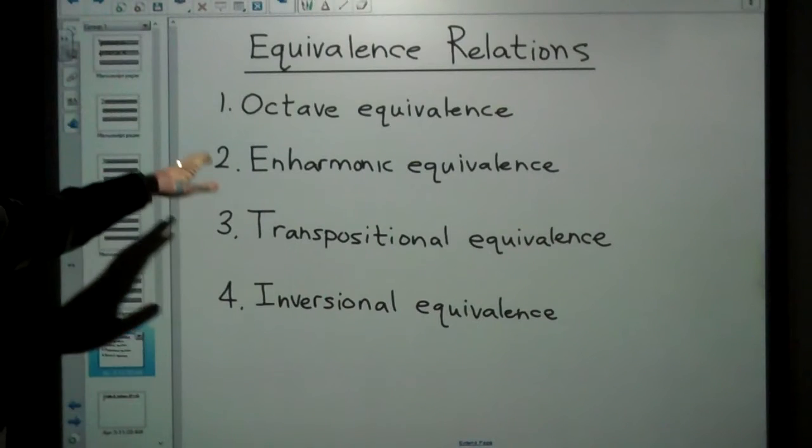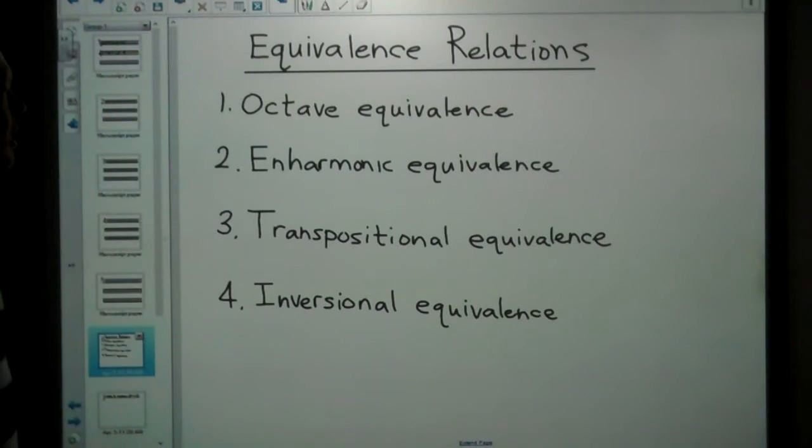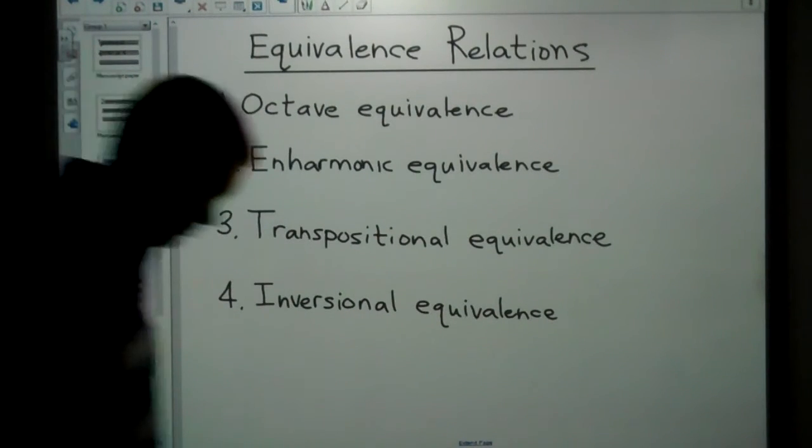The equivalence relation of enharmonic equivalence allows us to say that. It also works with keys. So for instance, if I played a minor melody in B flat minor, it would sound no different, and our ear would recognize it as just the same as the minor melody played in A sharp minor, because the key of A sharp minor and the key of B flat minor are enharmonically equivalent.